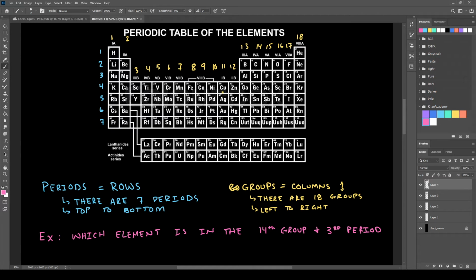All right, well, let's go find out. So 14th group means that it's in the 14th column. So we're going to count across 1, 2, 3, 4, 5, 6, 7, 8, 9, 10, 11, 12, 13, 14. So that means that we're going to be looking somewhere in this column here.